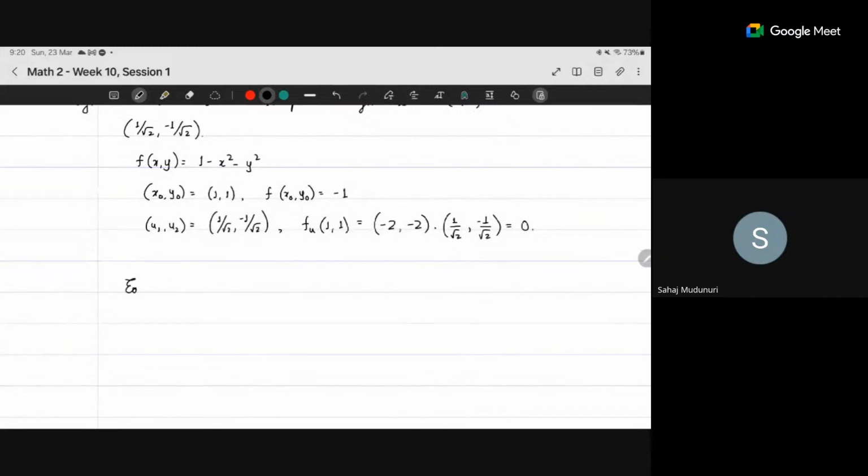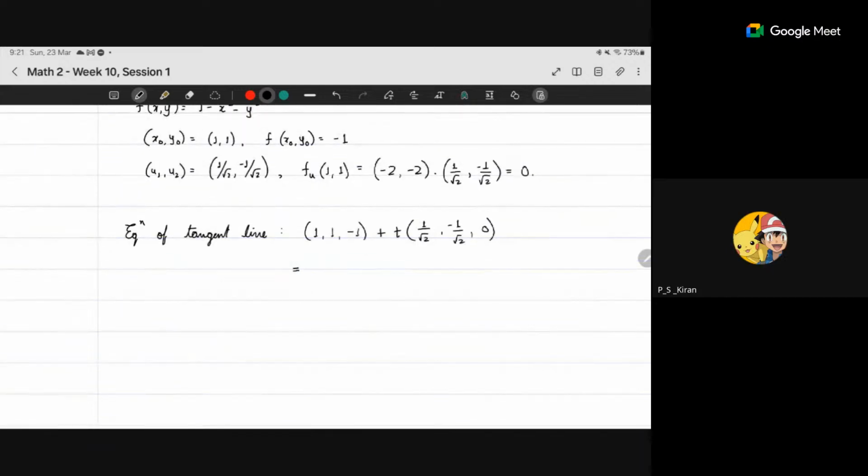So the equation of the tangent line with this data, what would that be? 1, 1, minus 1 plus t times 1 by root 2, minus 1 by root 2, 0.